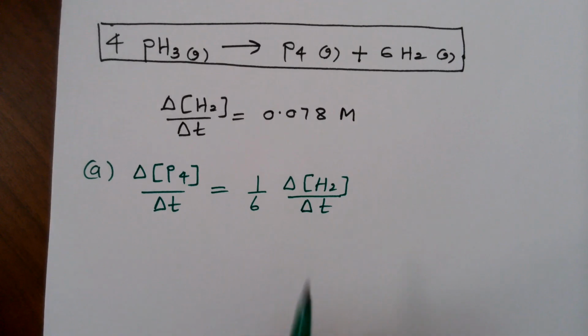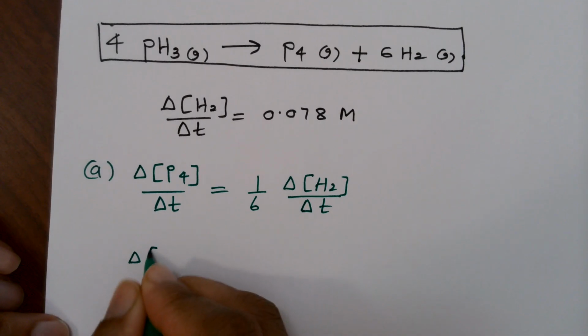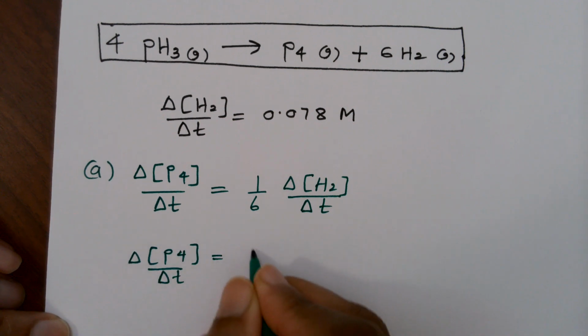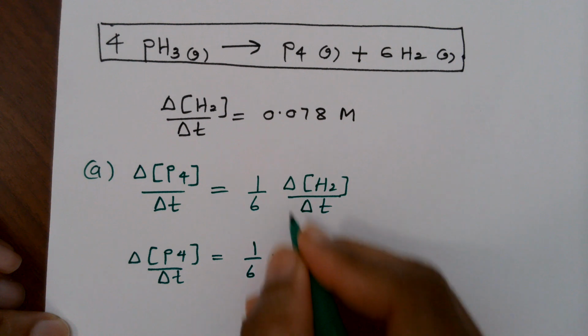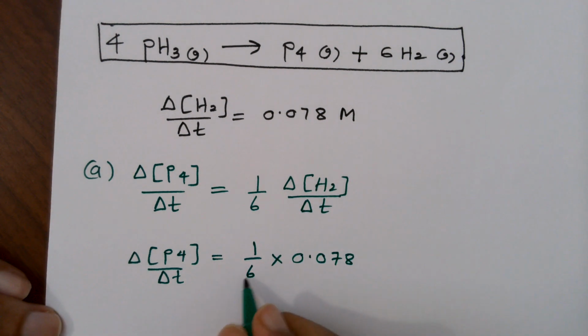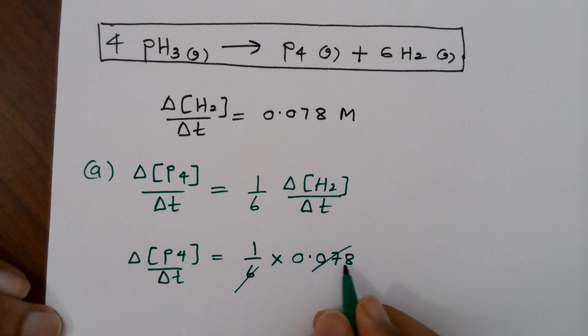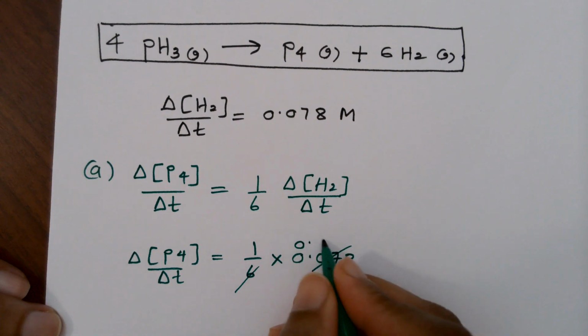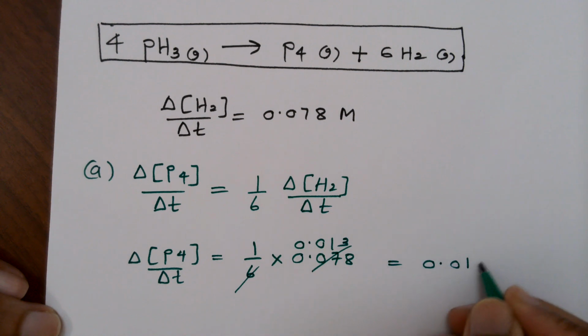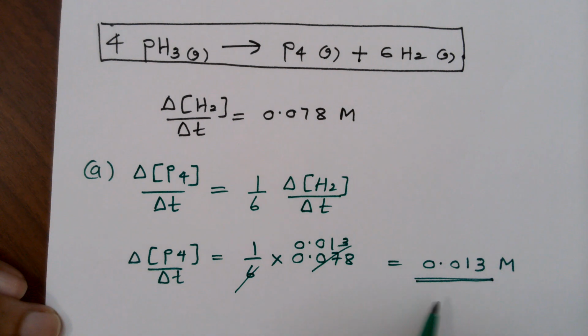So the change in concentration of P4 is equal to 1 divided by 6 times 0.078. So the value is 0.078 divided by 6, 0.013. So the answer is 0.013 molar. This is the change in concentration of P4 with time.